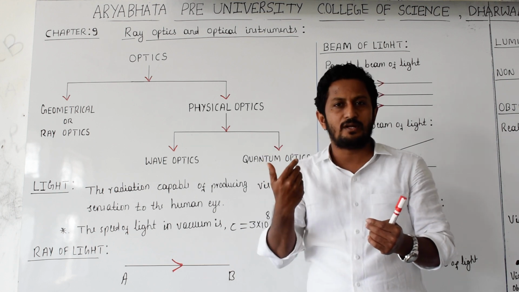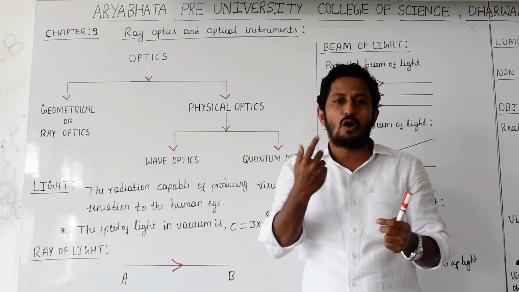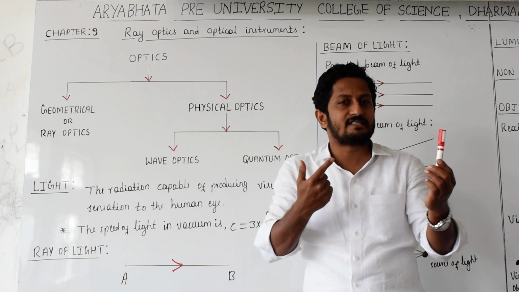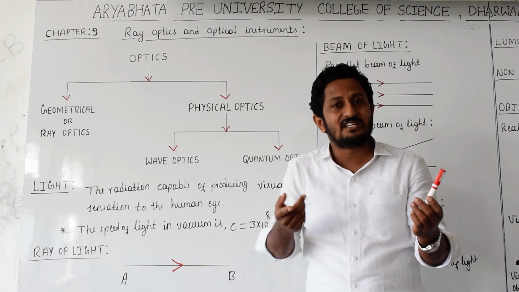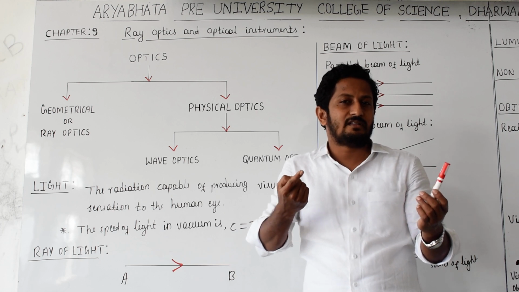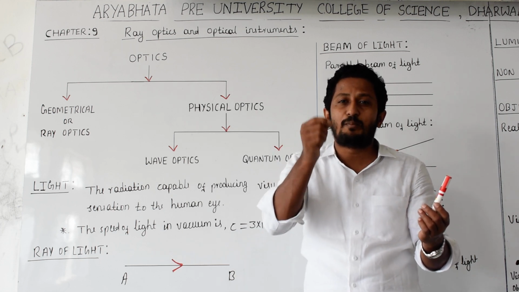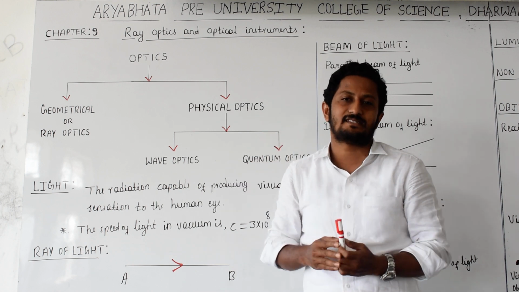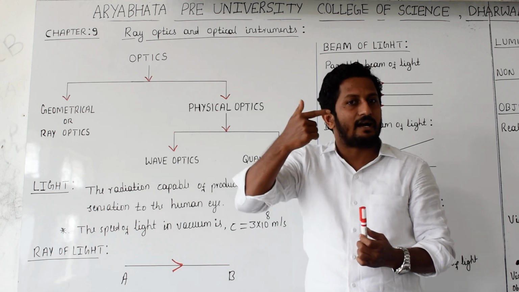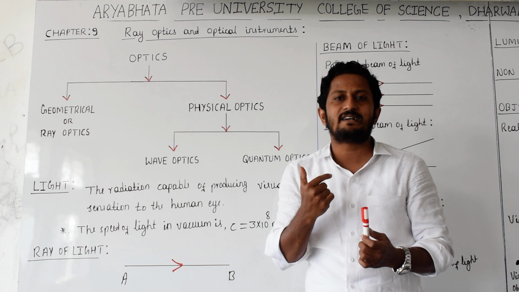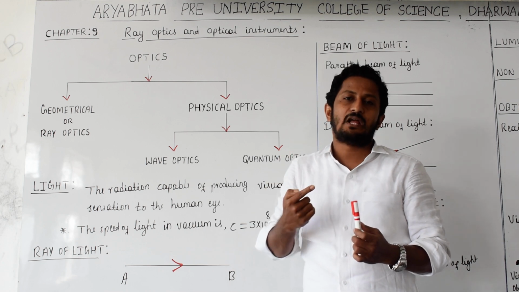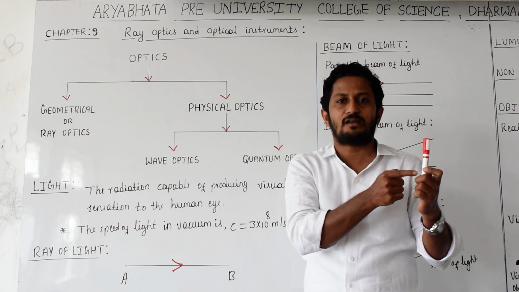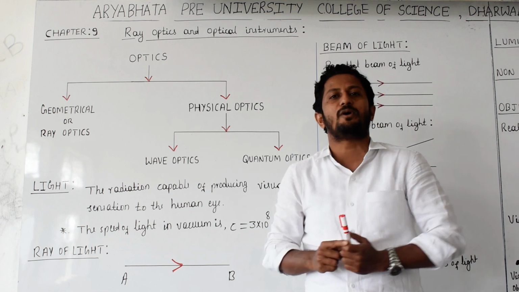All the light rays from that marker enter the eye lens, get refracted, and thereafter meet at one point on the retina, which is present behind the eye lens. Behind our eye lens there is a screen-like layer called the retina. On that retina, all these light rays from this marker meet at one particular point.